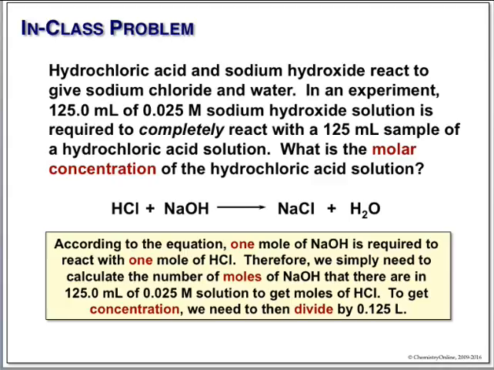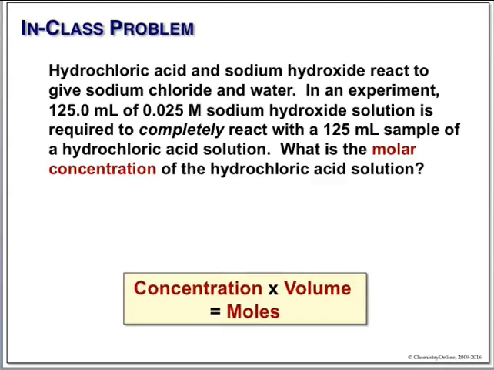And once we know how many moles that is, we look at our hydrochloric acid solution, we have a volume, therefore we can calculate a concentration. Remember this, please, concentration times volume is moles. We will use this 100 times today.